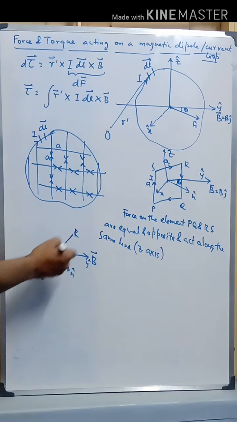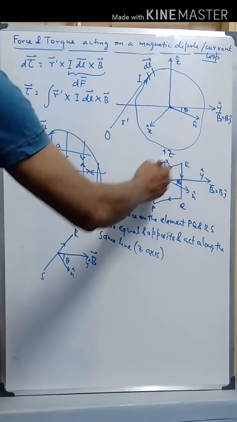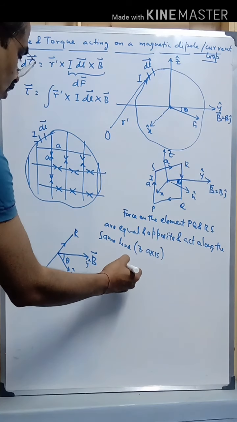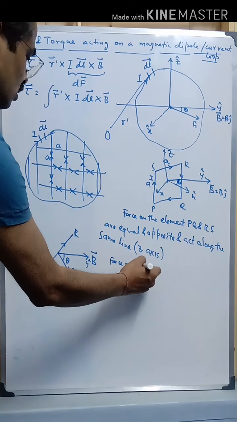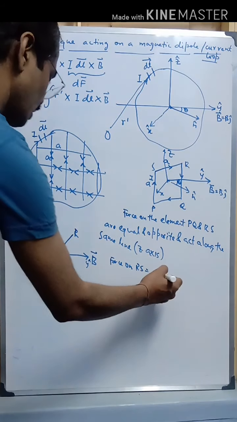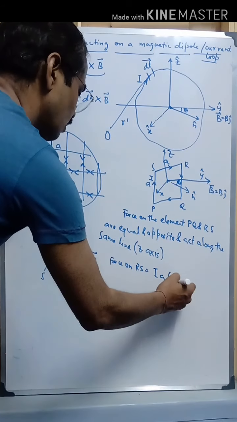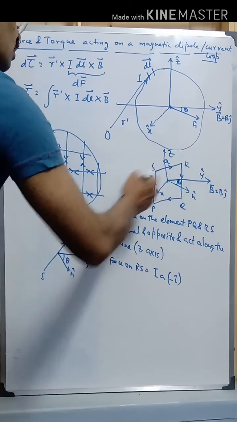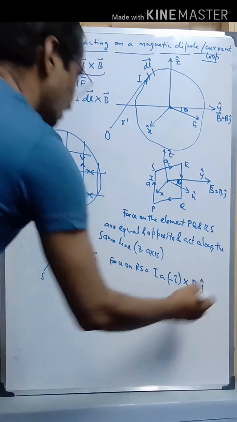Now along RS, if it is parallel to the x-axis, the force on RS is equal to I A, along the negative x-axis, cross B j cap.